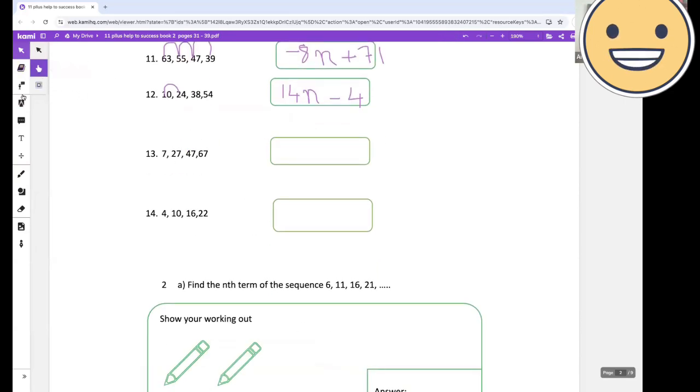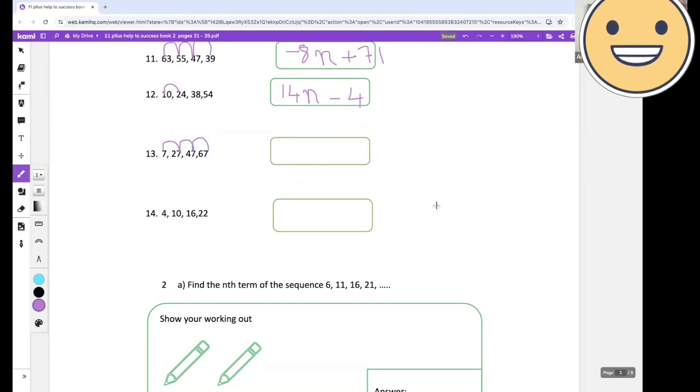You need to see how would you go from 7 to 27, 27 to 47, 47 to 67. So how would you guys do that? Let's see who's not got a turn. We'll do it now.